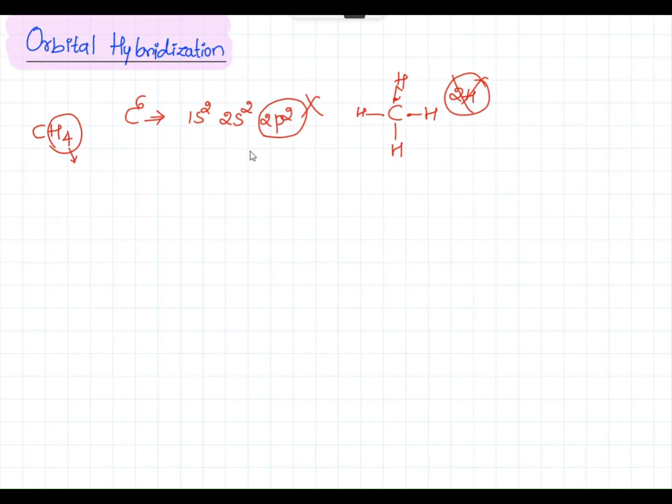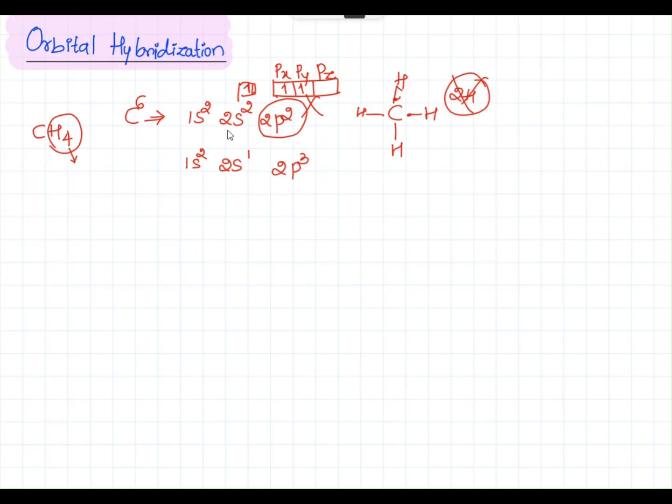Then what is the exact configuration? Carbon will exhibit 1s2, 2s1 and 2p3. Here, the electron in the 2s orbital will jump to the vacant orbital. Let us consider 2px, 2py and 2pz. Px and py have one electron each.